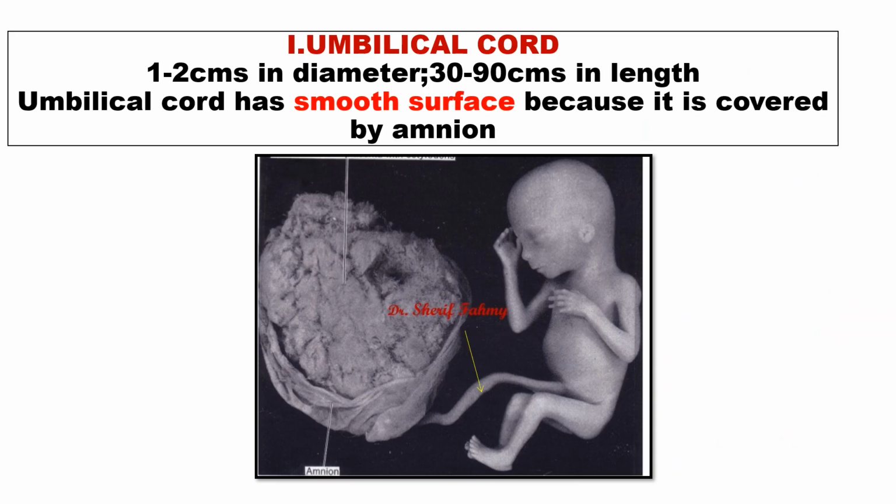Coming to the first part, that is the umbilical cord, the development of umbilical cord. Umbilical cord is 1 to 2 centimeters in diameter and 30 to 90 centimeters in length. It has a smooth surface because it is covered by the amnion.